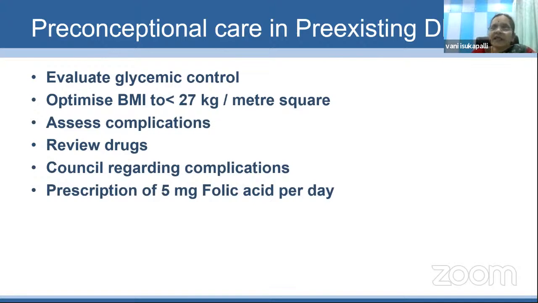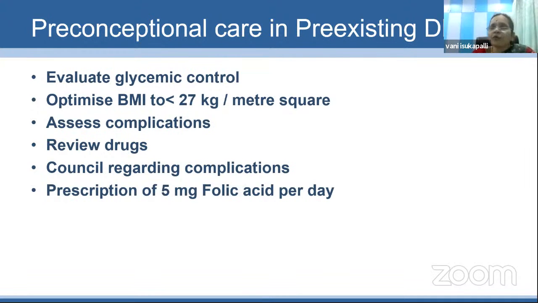In preconceptional care, the woman or the couple should understand that strict glycemic control is highly essential before they plan the pregnancy. If she is obese, she needs to come down and reduce her BMI to less than 25. And we need to assess if the diabetes is causing any organ complications, like kidney or fundus, retina, etc. We need to assess whether any organ complications have already set in.